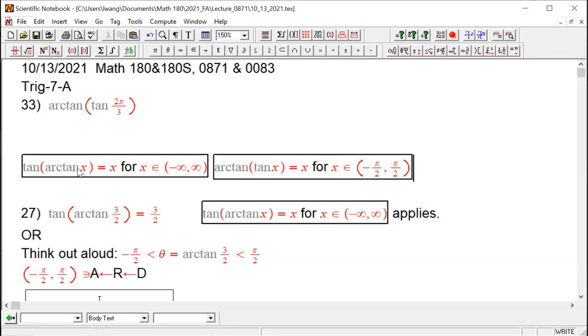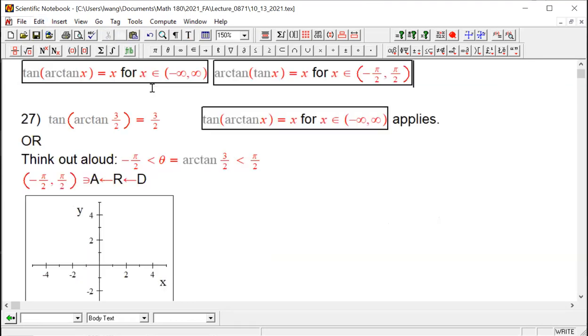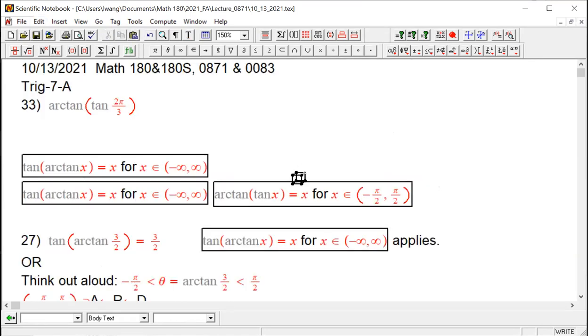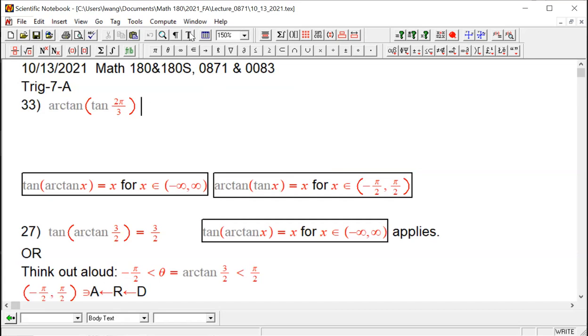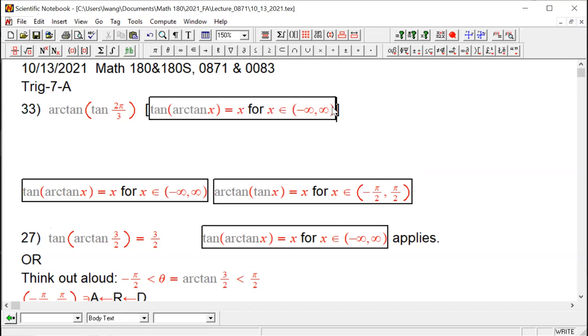We certainly cannot apply the first one, right? The first one doesn't match. How about the second one? No, because 2 pi over 3 is not between negative pi over 2 and pi over 2. So I'm just going to put this comment here: does not apply.